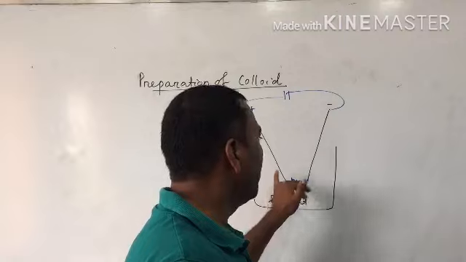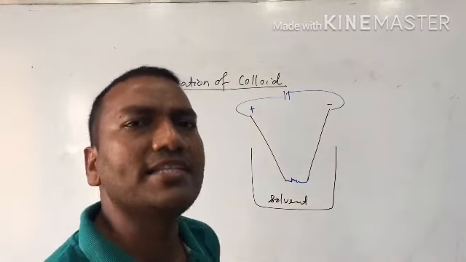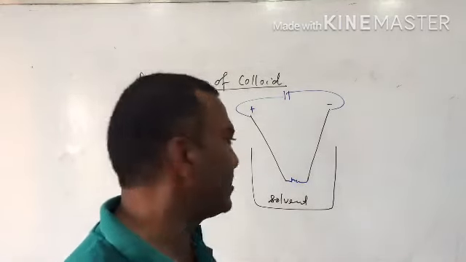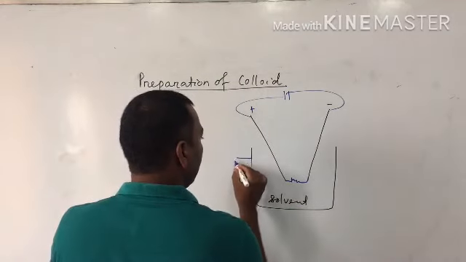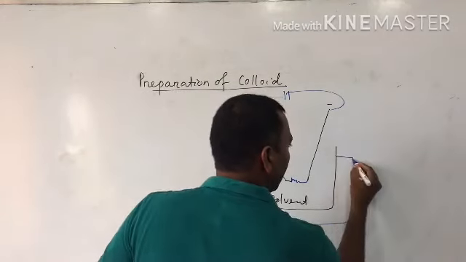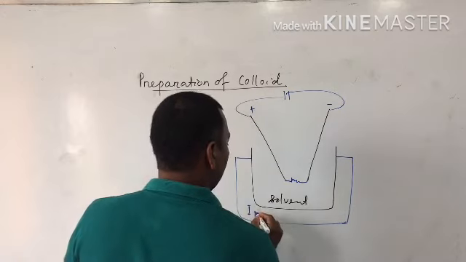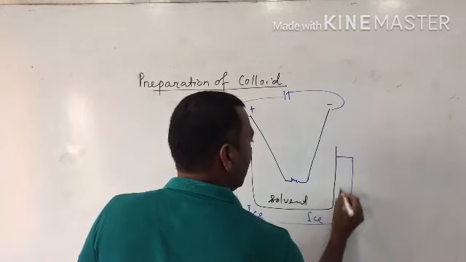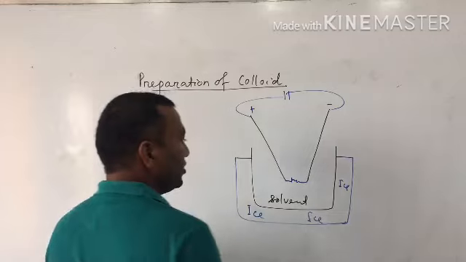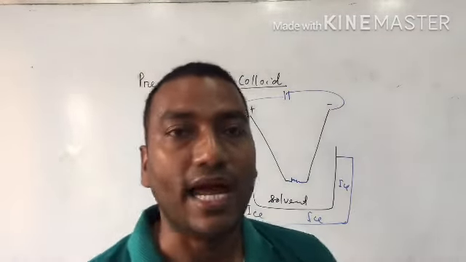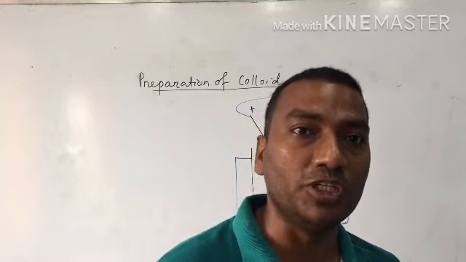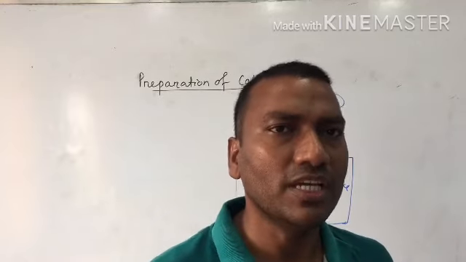And here you see it produces a very large amount of heat energy. That's why, by chance, the container could break. So the outside is filled with ice, so that it controls the large amount of heat energy produced by this method. Clear now?